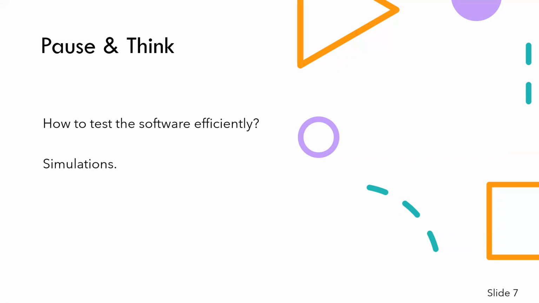With simulations, we can simulate the hardware. With this, almost any developer, even remotely, can test their software quickly and efficiently. Also, we can manipulate the timing of the test such that the test may not actually run in real time, but much faster.